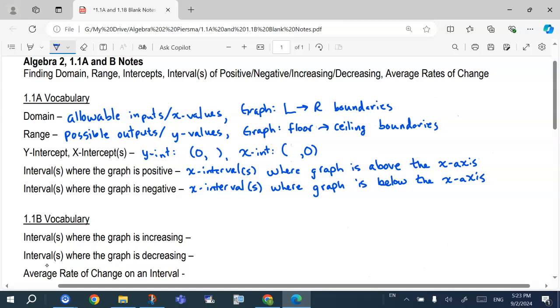For 11B, our three vocabularies were the following. Intervals where the graph is increasing are, again, x intervals, where the graph is going up from left to right.